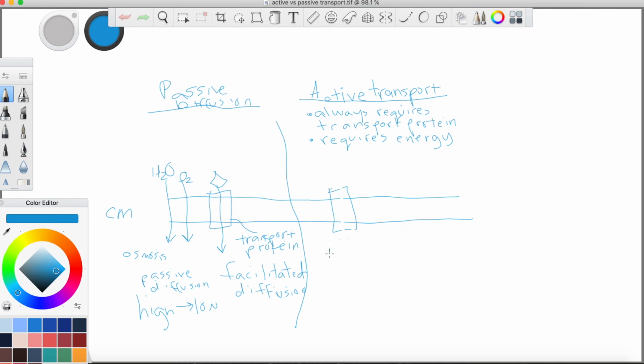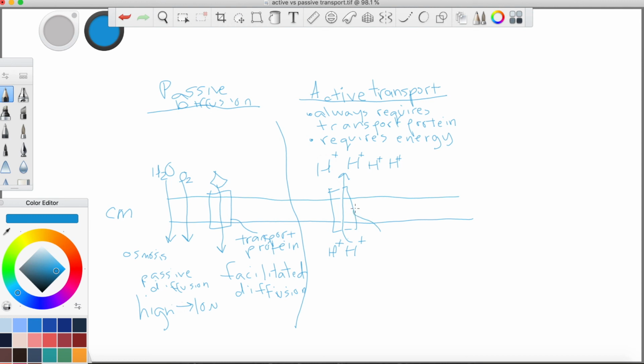A good example of this is the proton motive force, where protons that are in low quantity here and actually are in high amounts in the periplasmic space here are actively pumped out with the assistance of these proton pumps and requires the input of energy.